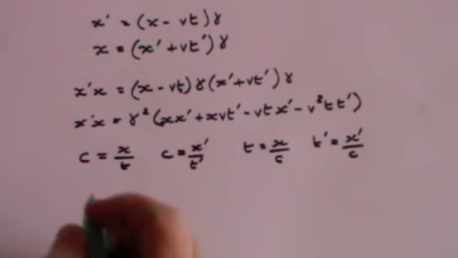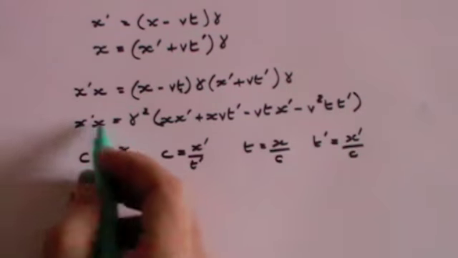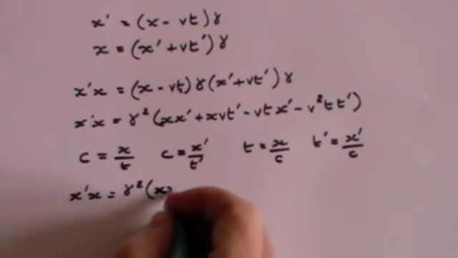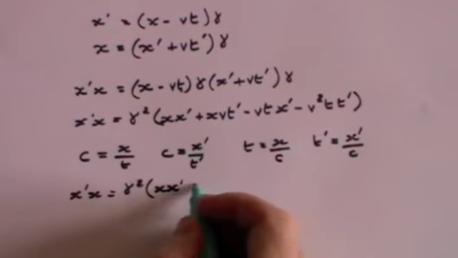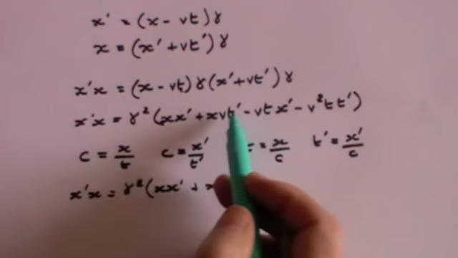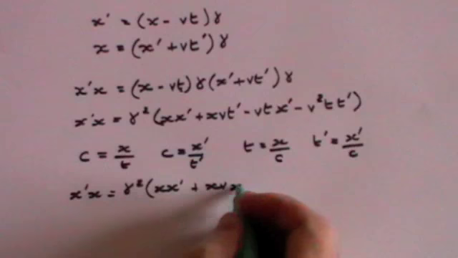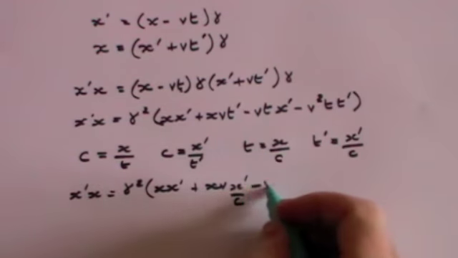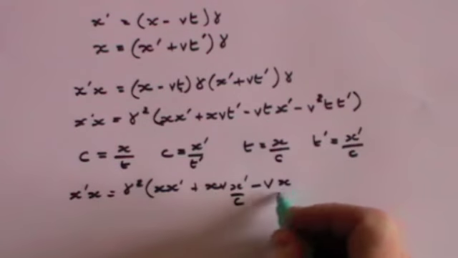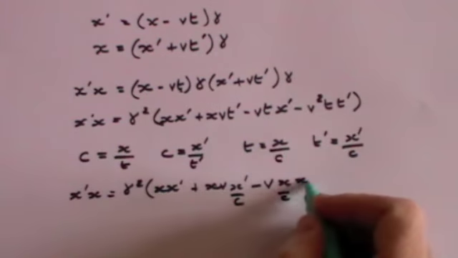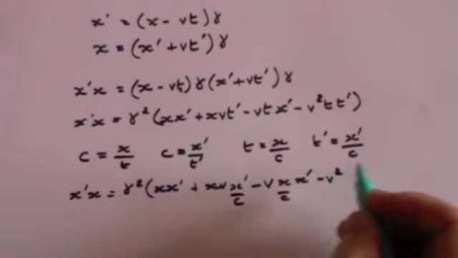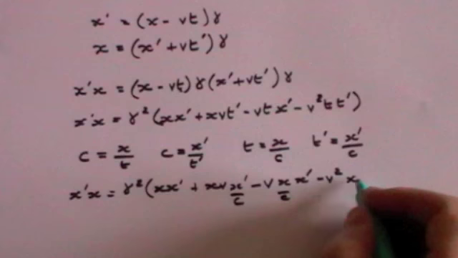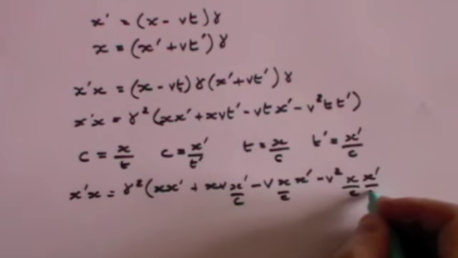What do we get? We get that x prime x is equal to gamma squared from here into x prime, well that's that, plus xv. Now instead of t prime I'm going to put x prime over c, minus v, and instead of t I'm going to put x over c times x prime, minus v squared, and instead of t prime I'm going to put x over c, x prime over c.